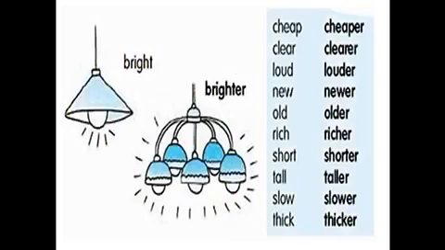We have short, shorter, clear, clearer, loud, louder, new, newer, old, older, rich, richer, short, shorter, tall, taller, slow, slower, thick, thicker. Here, the words do not change and take er at the end of their base word.